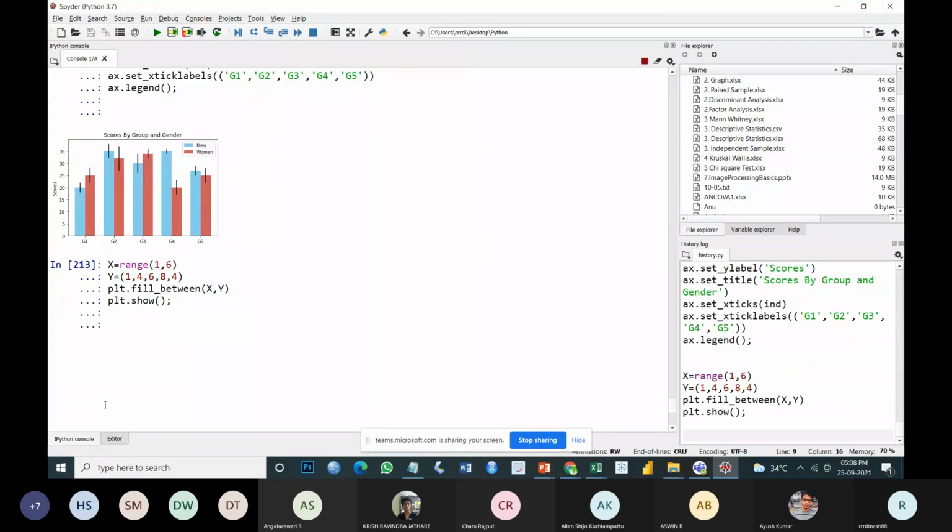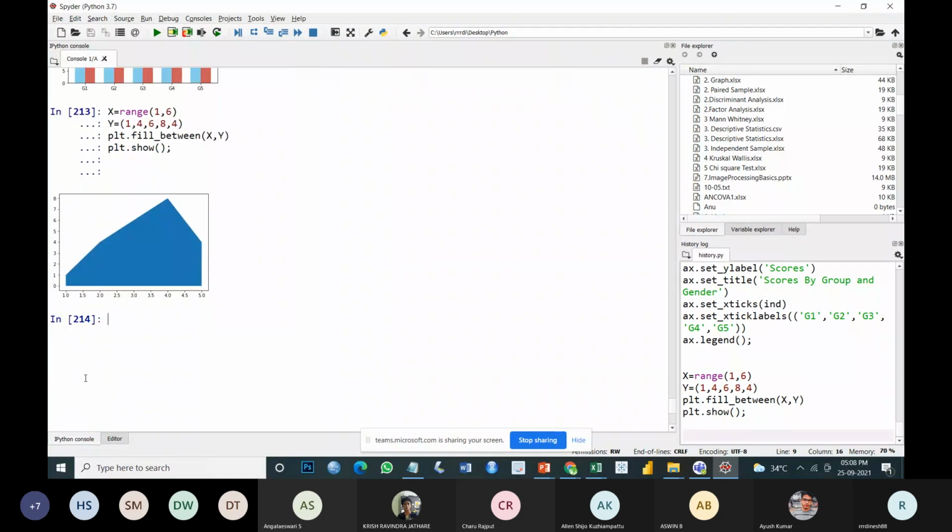This is an area chart. So we have the x-axis, y-axis. Then plt dot fill between. With fill between we can draw the area chart.